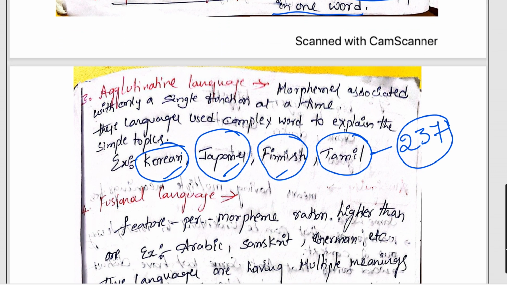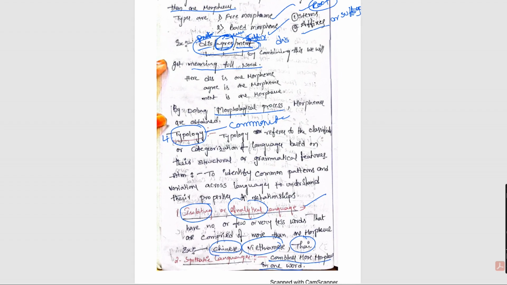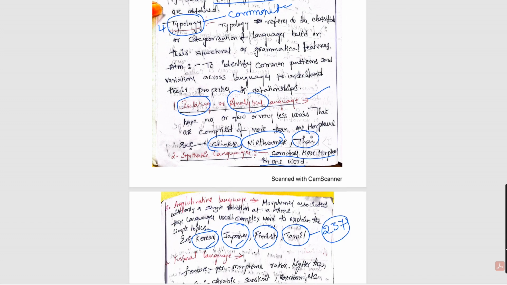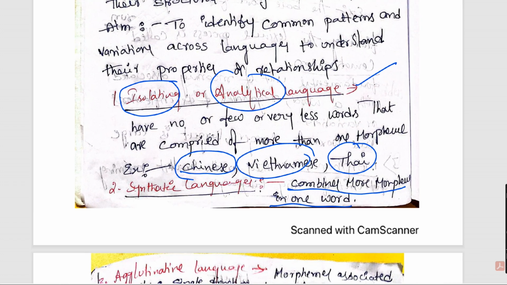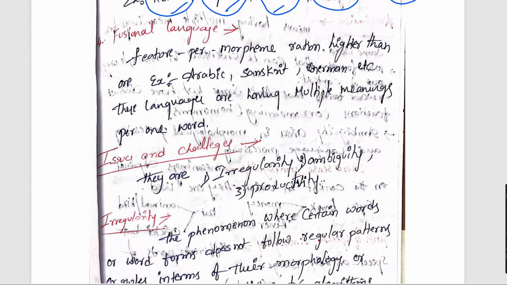Then the fusional language. Next language type is the fusional language. Fusional language means based on the feature of the morpheme, with a feature per morpheme ratio higher than 1.